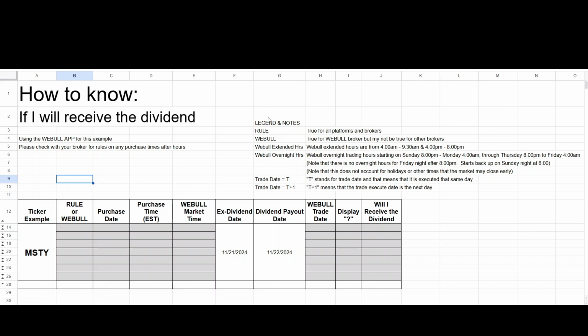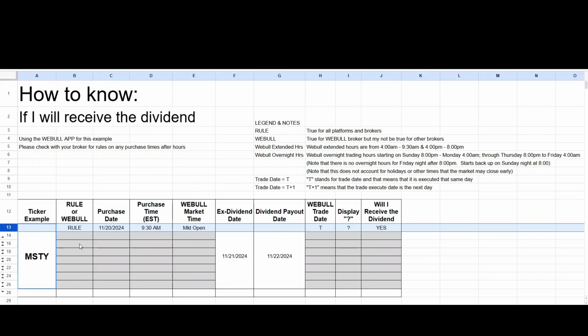I have my Legend notes here. This will basically tell us what is going to show up in the chart and what each one means. I do want to point out as well that not all brokers or trading platforms are the same. The hours of operation and trading available for each broker or platform could be different.